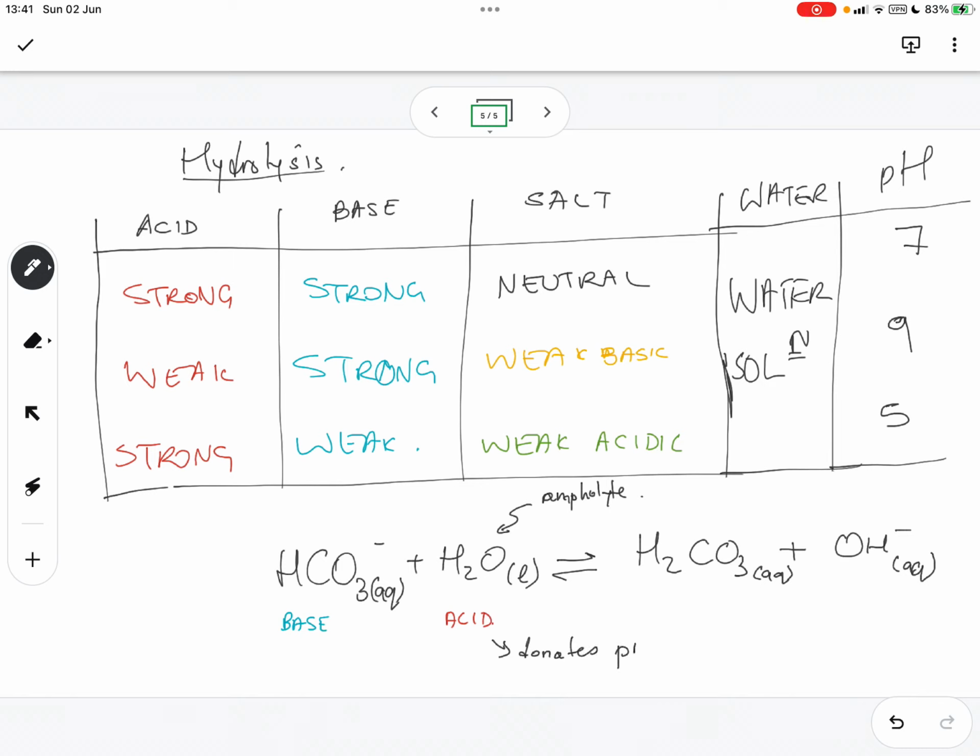So in this case, it will act as an acid. And when it acts as an acid, it means it donates a proton. Now, upon donating a proton, we have an increase in hydroxyl. Ne? Increase. And when we have an increase in hydroxyl, it confirms the acid-base theory. Bases decrease the H plus ion and increase the OH minus ion. Yeah.